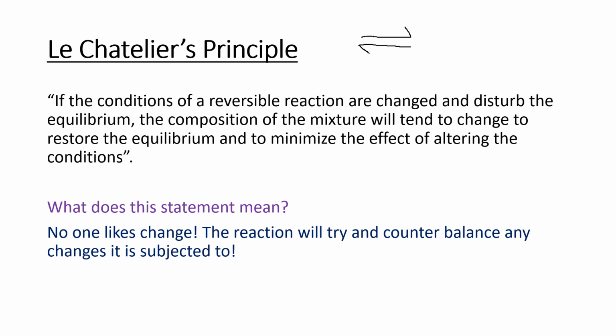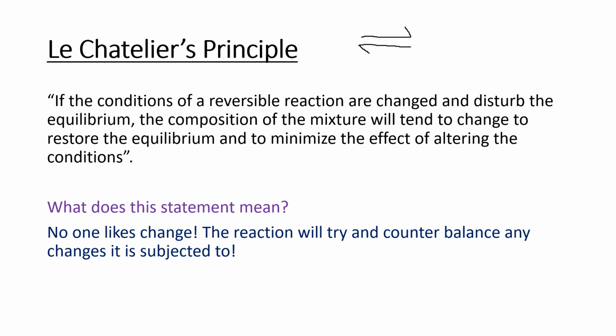At that point, the position of equilibrium is at one given place. However, we can change that position by changing things like temperature, concentration, and so on. And Le Chatelier's principle tells us what happens if we make changes to a reaction that is in equilibrium.